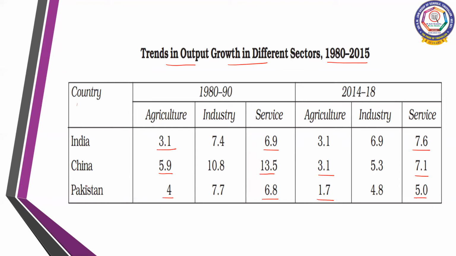The rate of growth of industrial sector is the highest in China in 1980-1990 as compared to India and Pakistan. The sectoral rates of growth in 1980-1990 as compared to 2014 to 2018 has declined in all the three countries. However, India's service sector shows an increase from 6.9 to 7.6.